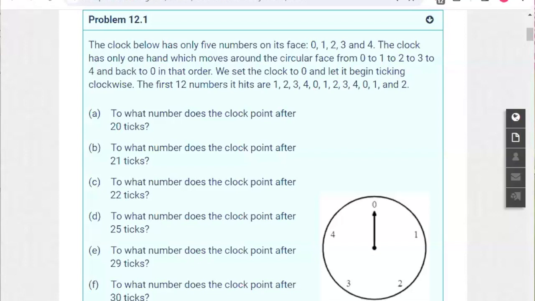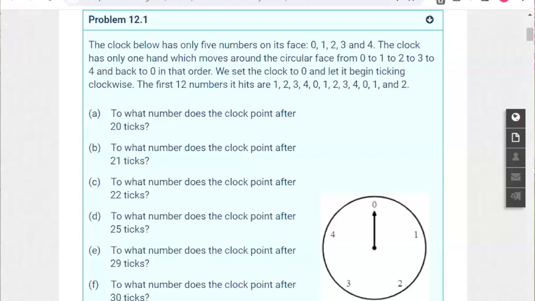Okay, so I'm going to write this again. The first tick it hits is 1. The second tick is 2. The third tick is 3. The fourth tick is 4. The 5th tick is 0. And then it's going to start all over again. 6, 7, 8, 9, 10.